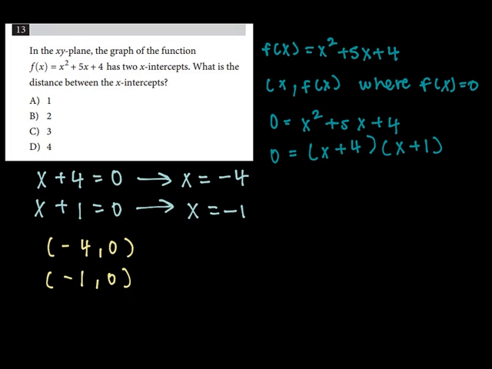To find the distance between the two, we can just count: −4, −3, −2, −1, and the distance between −4 and −1 is just 3. So from that, we know that our answer would be C, which is, let's write this down actually, 3.